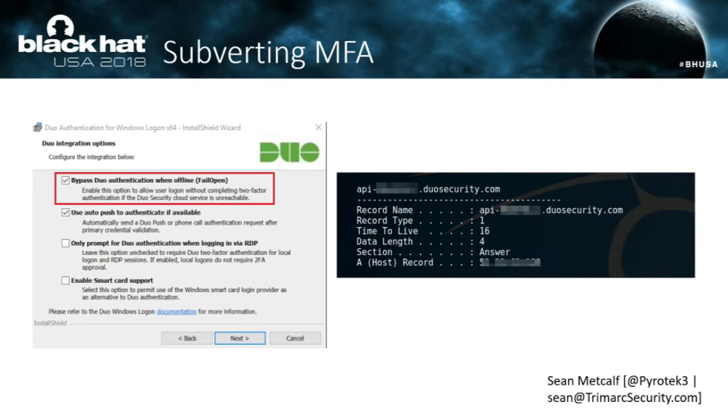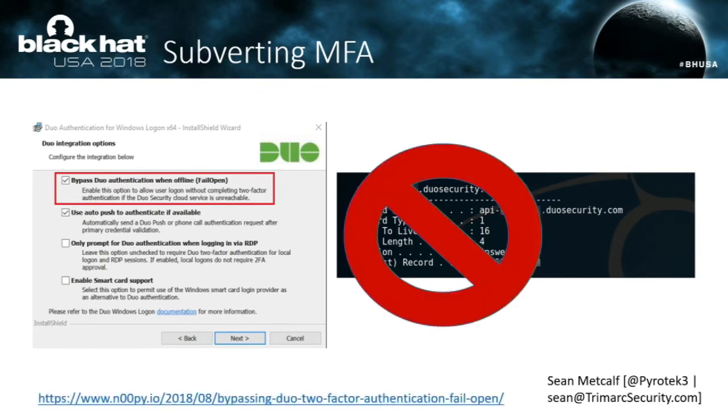So if an attacker is able to actually block that connection, what happens is MFA doesn't work at all. So you can change this setting, obviously. And there's another setting that's interesting here, and that is the ability to remove an MFA requirement for local accounts. And so this way, you can do whatever you want as a local account, but everyone that connects in with an AD account will be required to MFA.